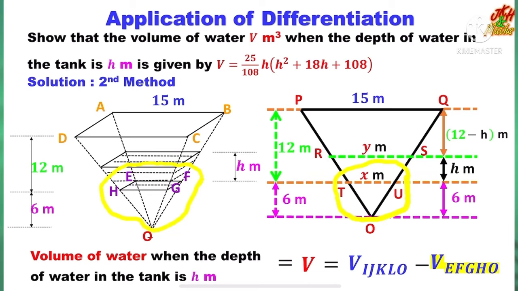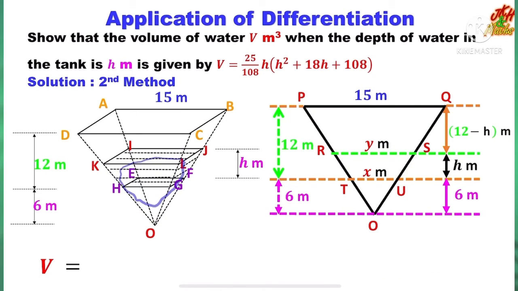Okay, I repeat. The volume of water when the depth of water in the tank is h meters is equal to volume V, which is equal to the volume of the pyramid IJKLO, take away the volume of the pyramid EFGHO.